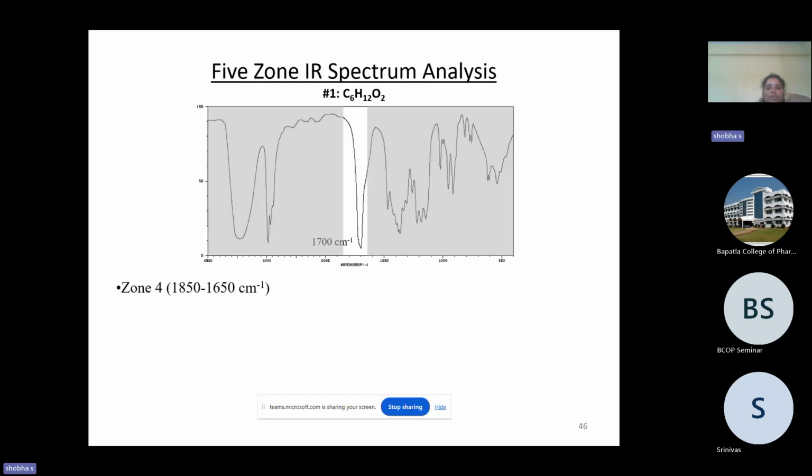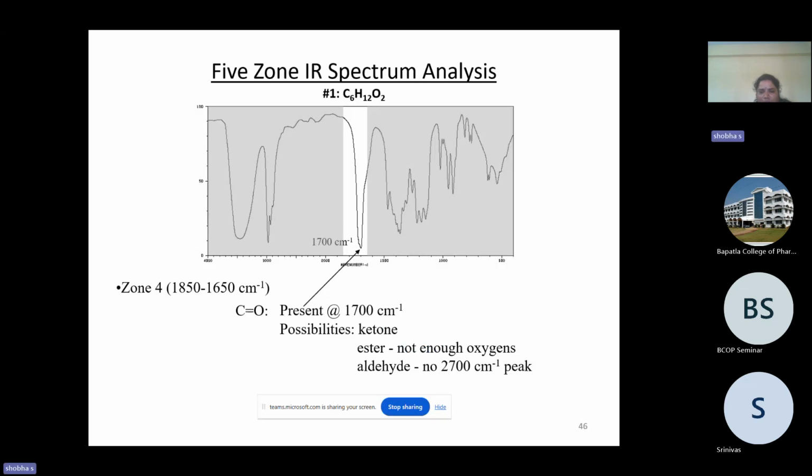Then zone 4, which ranges from 1850 to 1650. There may be a chance of a carbonyl compound, but we cannot show that. We already excluded the carboxylic acid as well as the amide. There may be a possibility of the ketone.